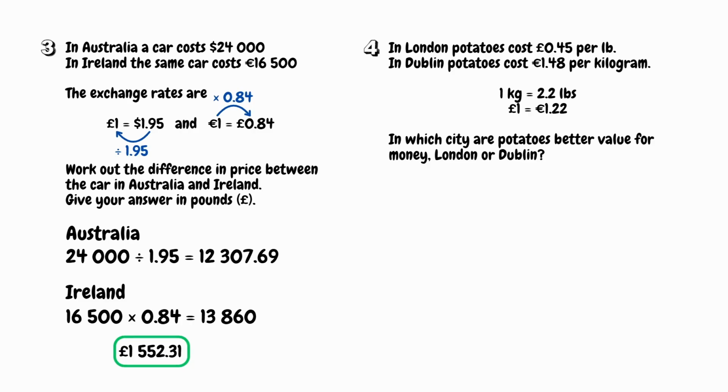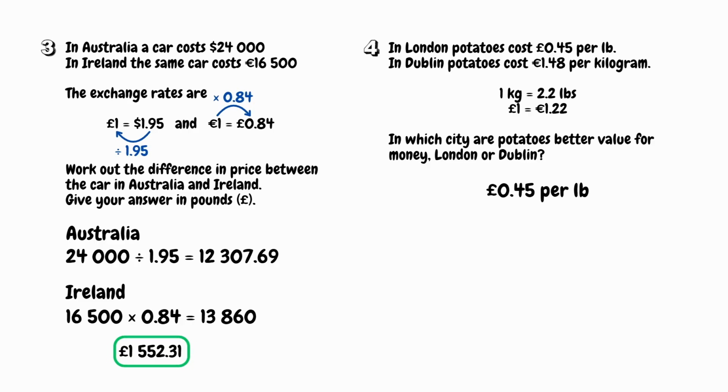So to start with, we've been given the cost of potatoes in London in pounds. It's £0.45 per pound. And in Dublin, we've been given the cost in euros, but per kilogram. So to find out which city has the better value for money, we need to get both the weights in the same unit, and we need to use the same currency to be able to compare them.